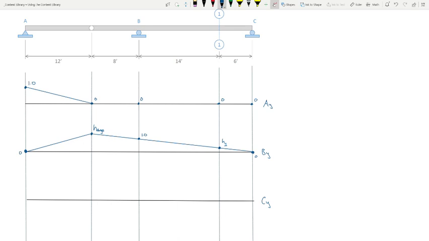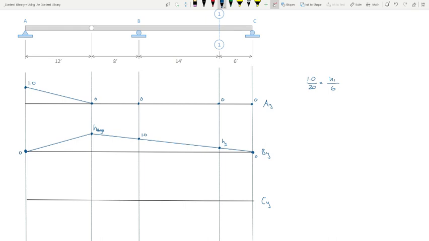How much do we rise up versus how much do we run? Is there something we can identify? Rise up 1 over how much? 20. So I would say that 1 over 20 is H1 over what? 6. You see that?